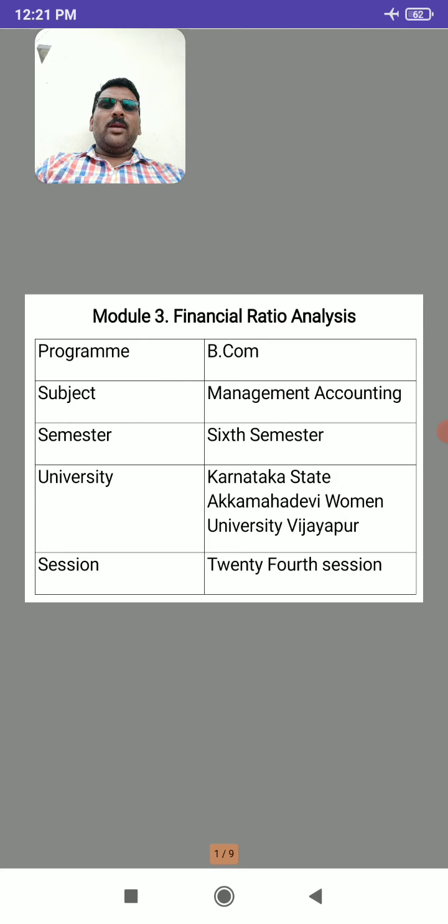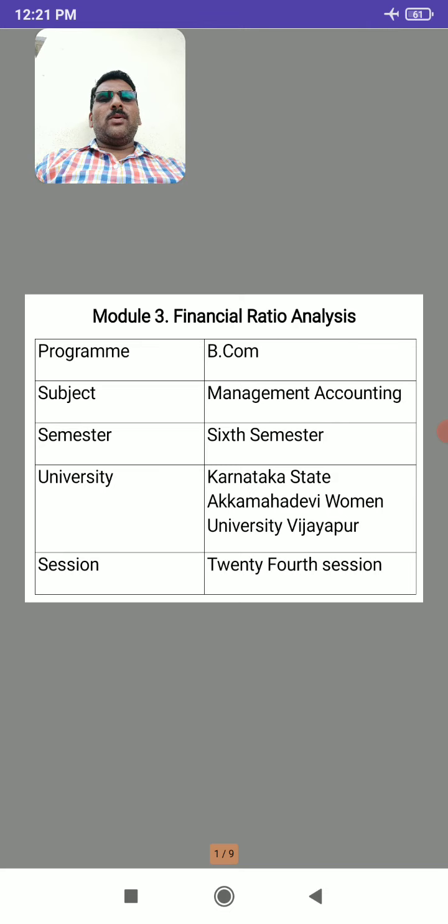So here we have already taken the gross profit ratio. We have seen how the gross profit ratio is calculated. In the gross profit ratio, we have seen how the gross profit is calculated and how the net sales are calculated, and also we know that the gross profit ratio indicates the relationship between the gross profit and the net sales.